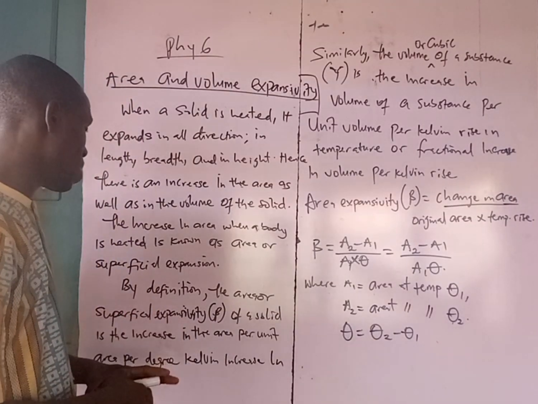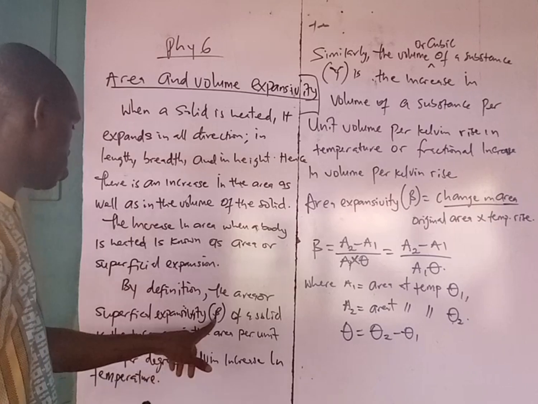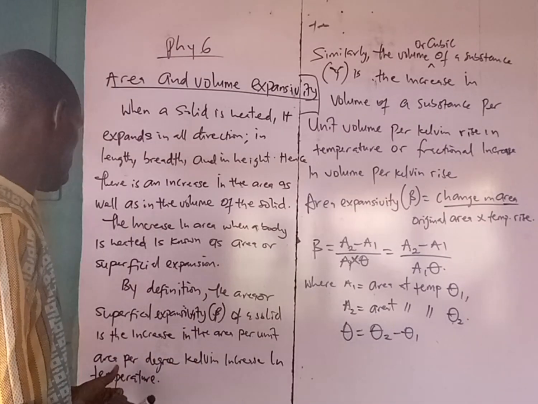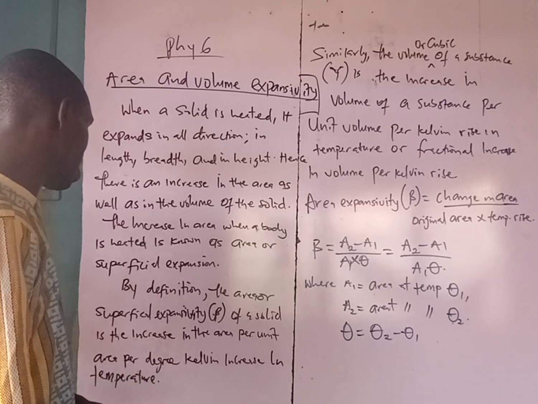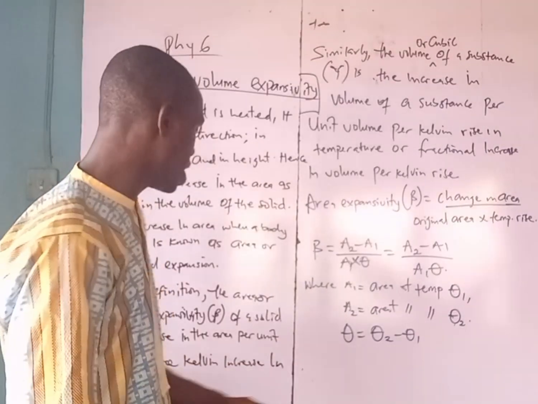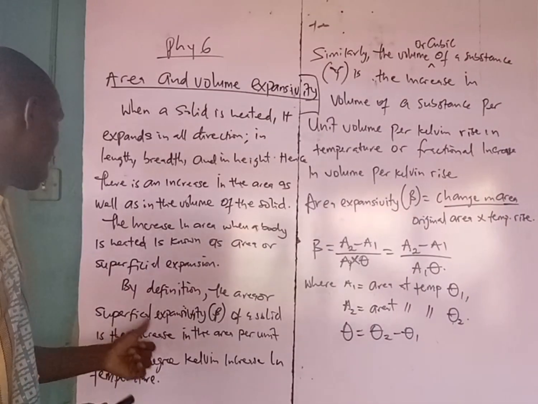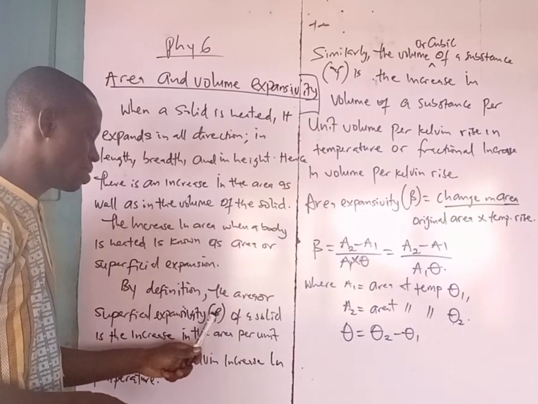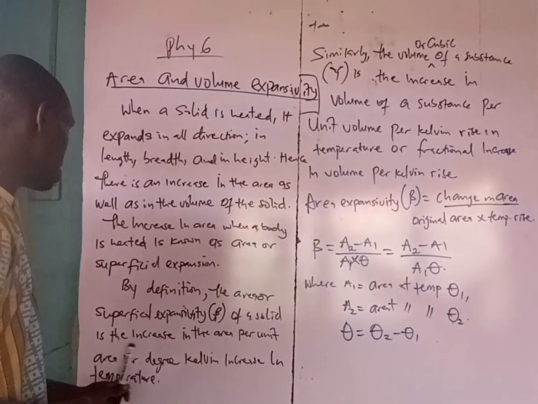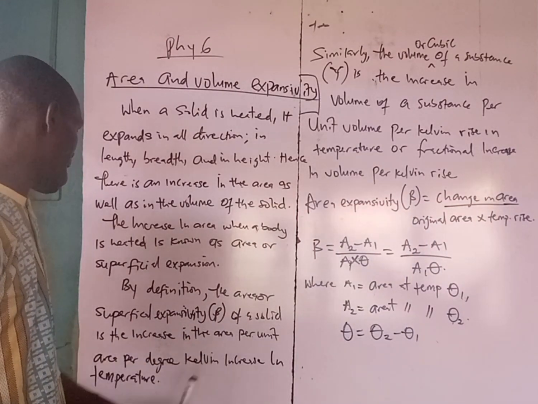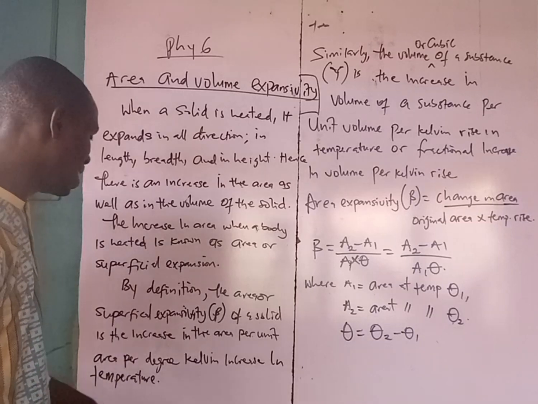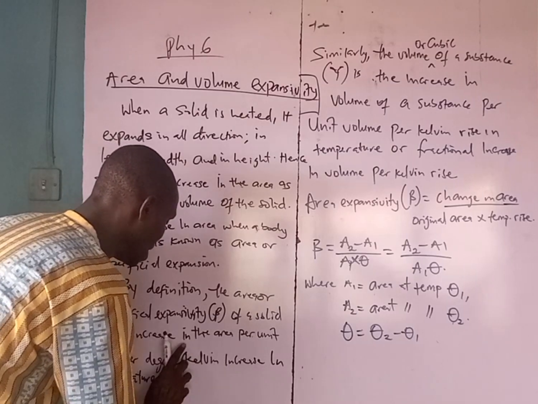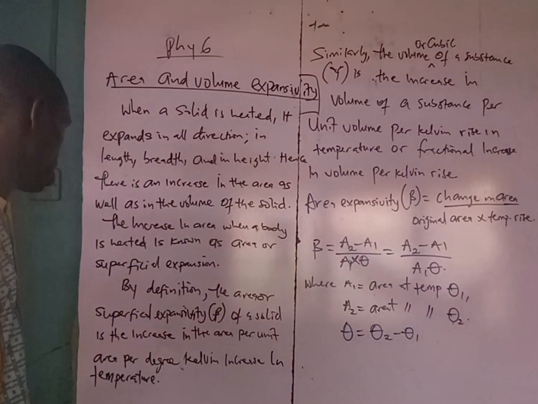By definition, the area or superficial expansivity, beta, of a solid is the increase in area per unit area per Kelvin increase in temperature.